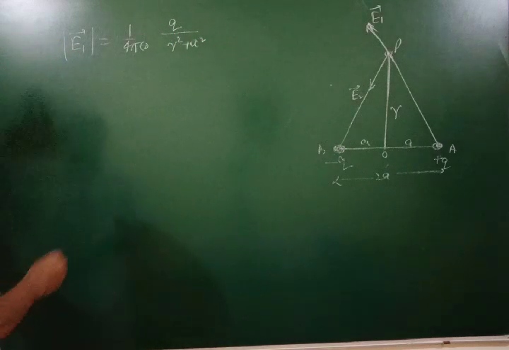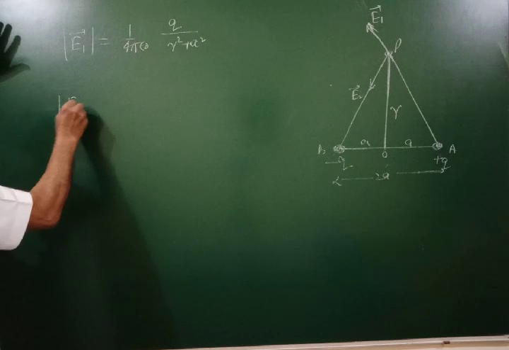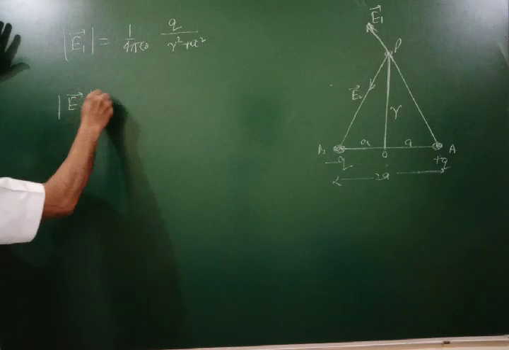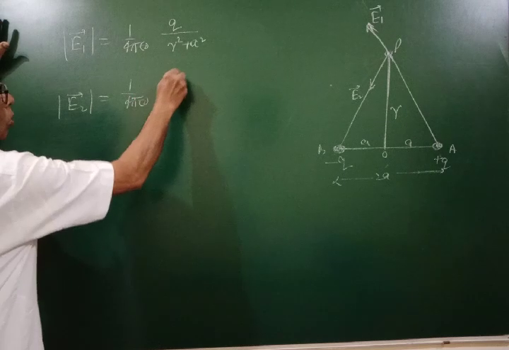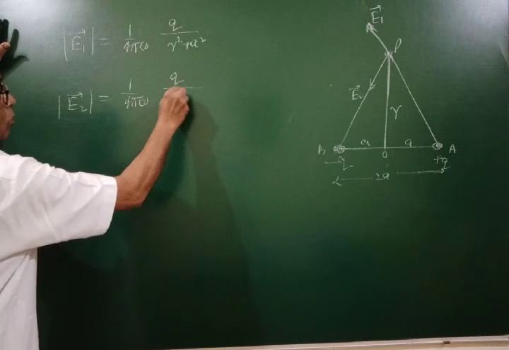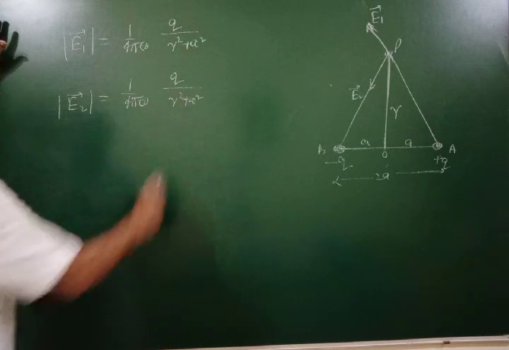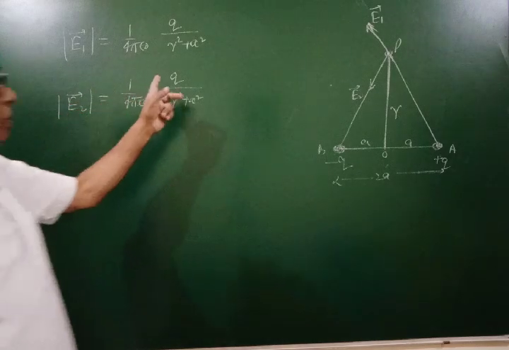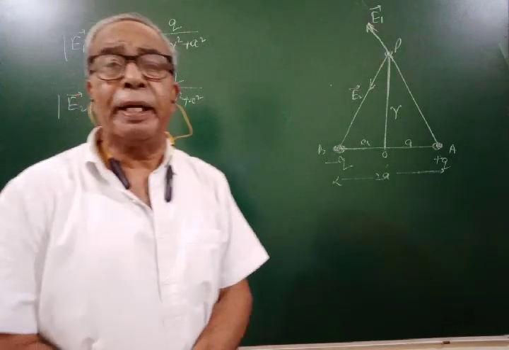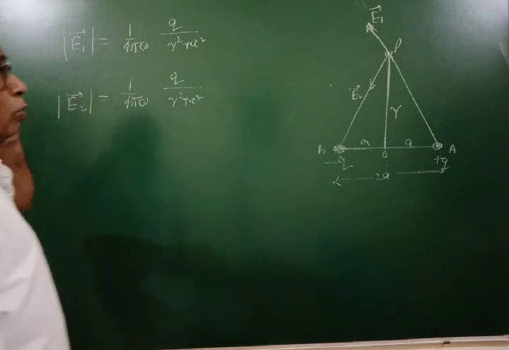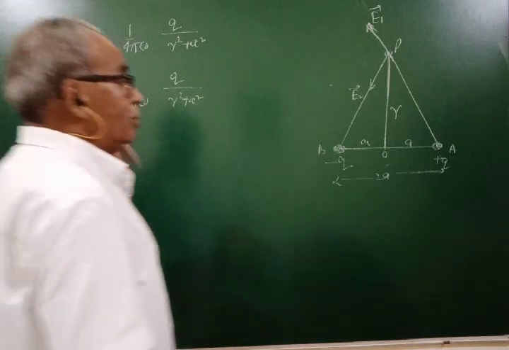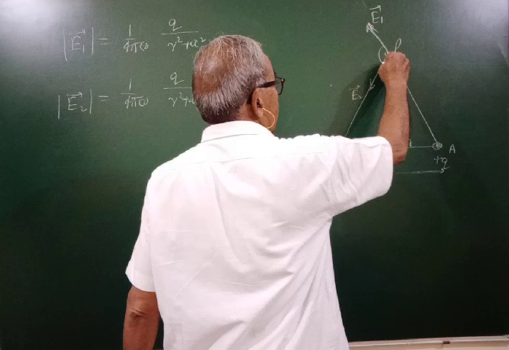Similarly, the magnitude of E2 is again 1 upon 4 pi epsilon 0 times q upon r square plus a square. I have not mentioned the minus sign because I am taking the magnitude of E2. So these two magnitudes are equal, but the angle between their directions is this much.